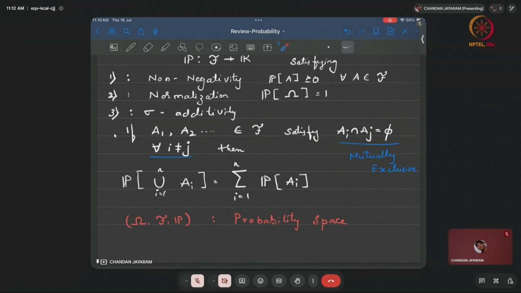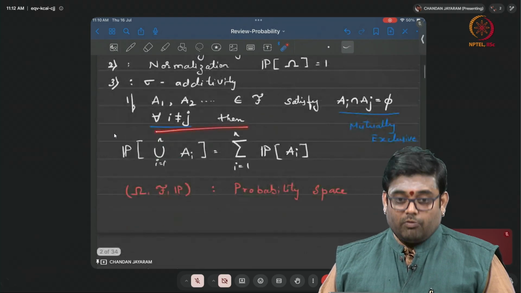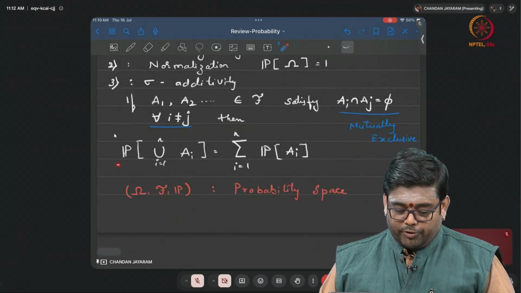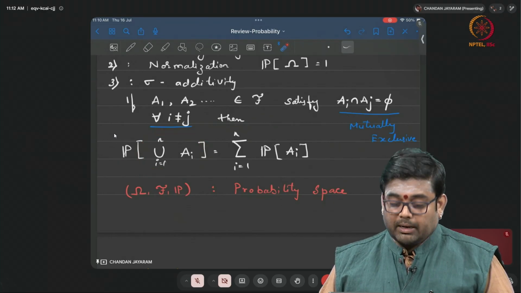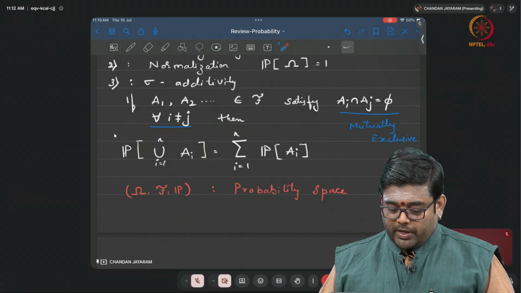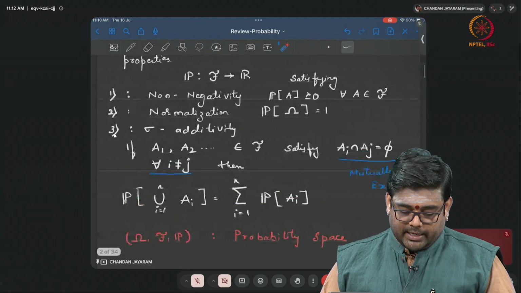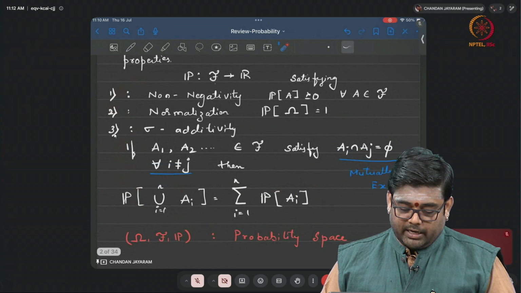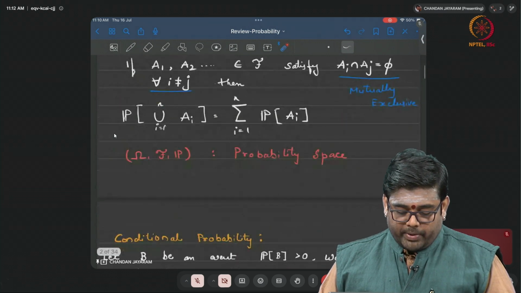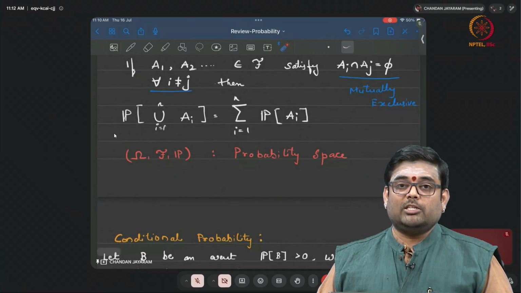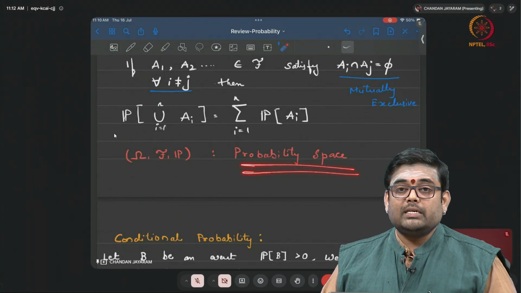For all these events, the probability of the union of all the considered Ai is equal to the sum of the individual probabilities. These are the three properties that need to be satisfied: non-negativity, normalization and sigma additivity. This omega, F, P is famously known as the probability triplet, or the probability space.